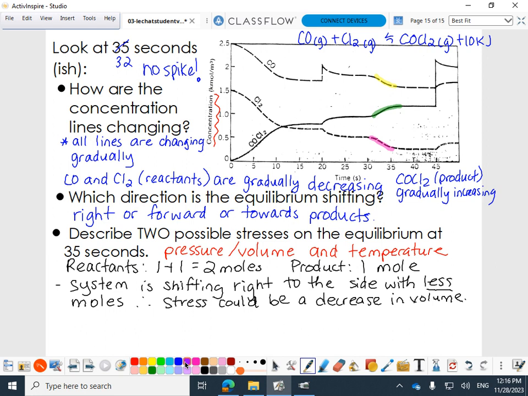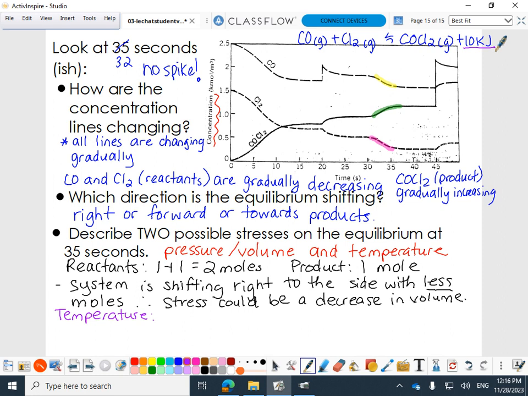And when you're given a situation like this, we are going to look at where the energy is for temperature. So in our case, we are given the energy on the product side.